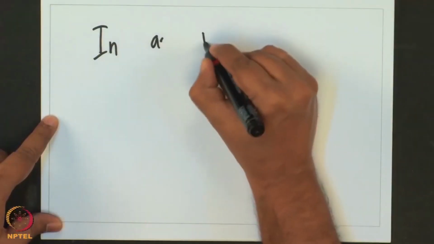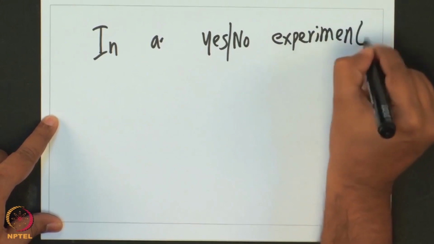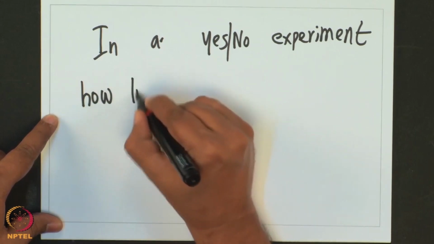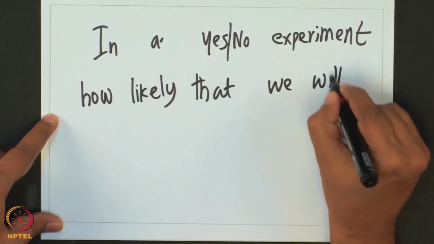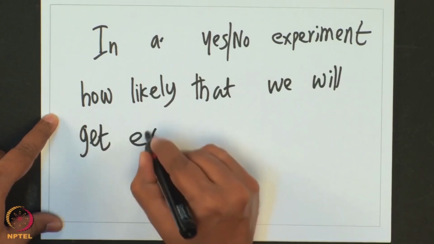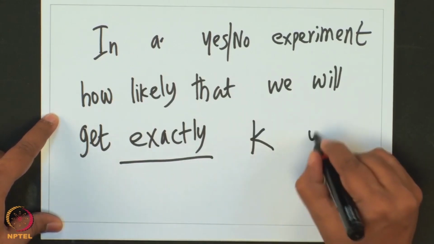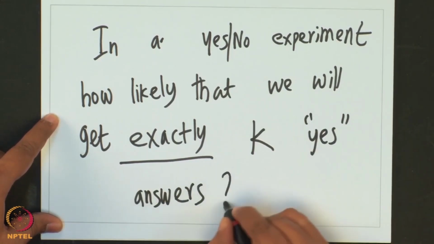If you ask this question in a yes or no experiment, where the question is framed in such a way that the answer is yes or no, how likely is it that we will get exactly, this is the keyword, exactly k yes answers?